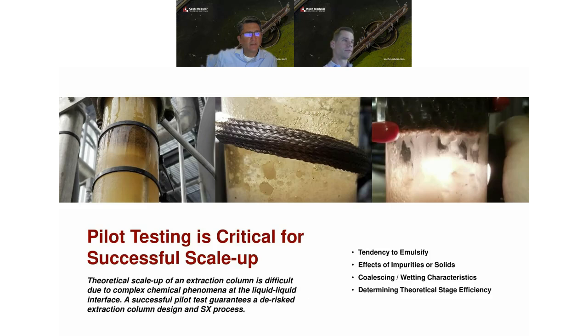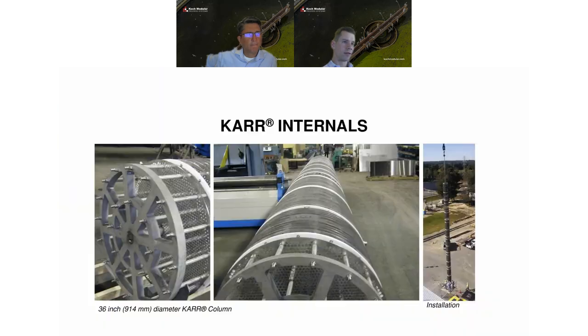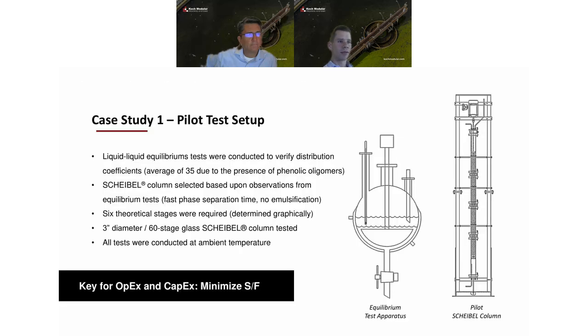So what would that look like? Would that be like a shake test, or what would that be? Essentially, that would be a shake test to define the solvents first. A series of shake tests. And we use an apparatus that looks like, go back to the right case study, like this. So we contact solvents and feed in an apparatus like this. This shows a half moon impeller. This is what we typically use.